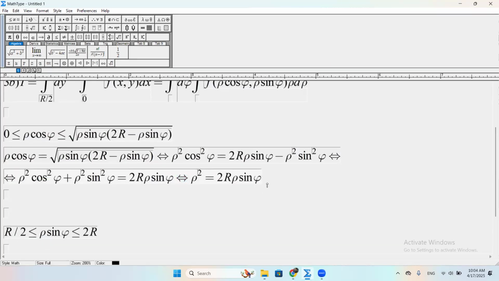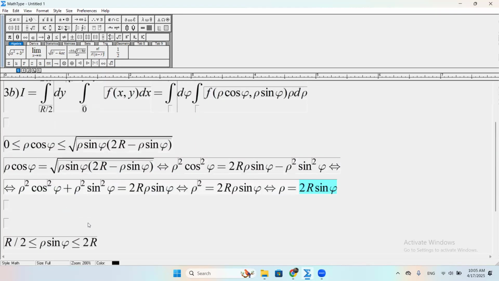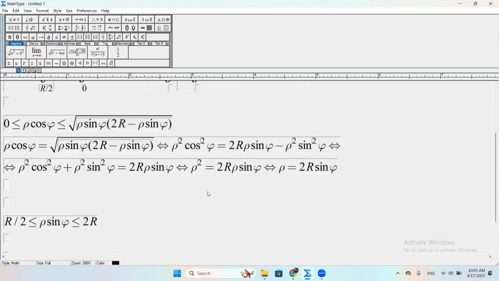Now let's divide by ρ. And we have 2r sine of φ. It is the upper limit of integration by ρ. And now let's check also this inequality.